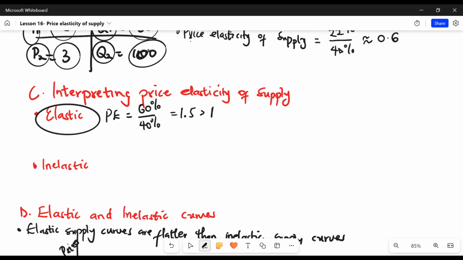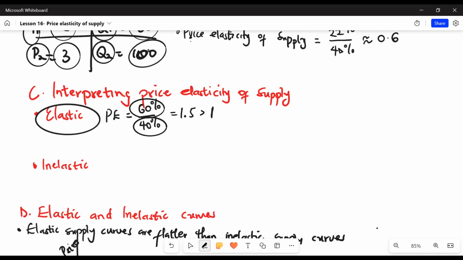This is bigger than 1. This simply means that any change in price will induce a bigger change in quantity supplied. So if price increases by a certain margin, producers are going to increase quantity supplied by a much bigger margin.